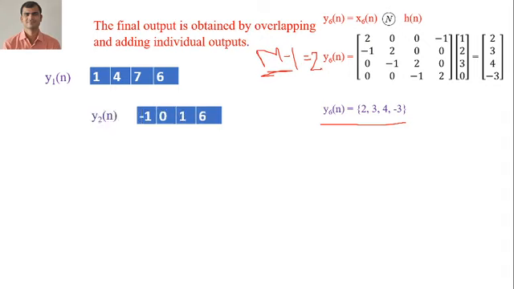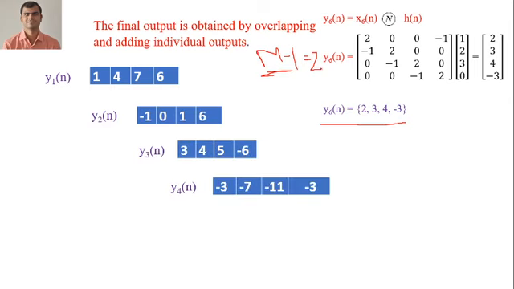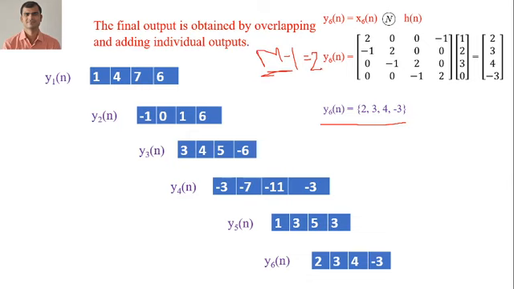So I have taken y1 of n, y2 of n, y3 of n, y4 of n, y5 of n and y6 of n. The last two samples, that means M minus 1 samples of a sequence, overlap with the initial two samples of the next sequence.